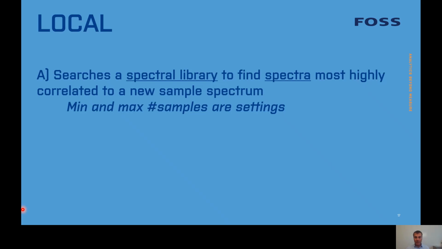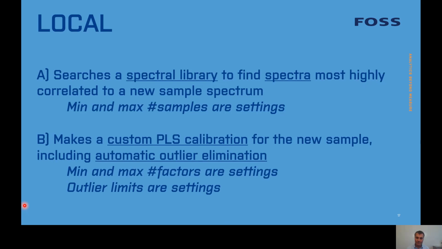Then we will come in with a new unknown sample where we only have the spectrum. And then we will do a library search in the spectra and find 100, for instance, spectra that are most similar to the unknown spectrum. And then we'll take out these 100 samples and make a PLS model on the fly. So we make a custom PLS model for this sample, specifically this sample, based on the 100 samples that we take out.